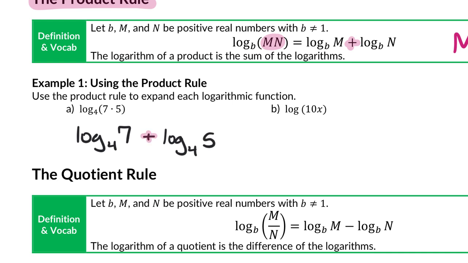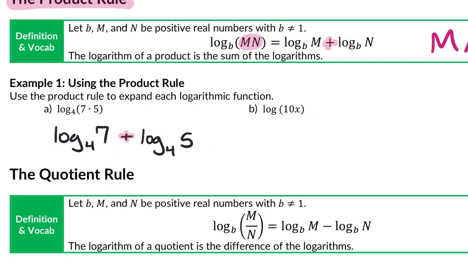If there's multiplication inside, it becomes addition with two separate logarithms. Wait, can you repeat that? If we are multiplying inside a logarithm, it becomes addition with two separate logarithms. Multiplying, add, yes, same base stays the same, just like it did with exponents.